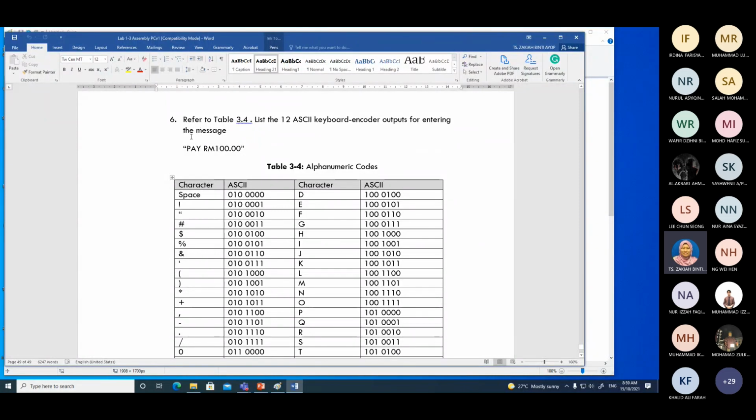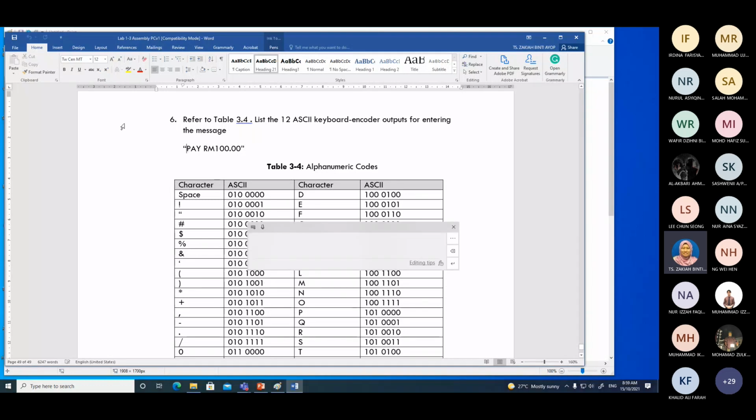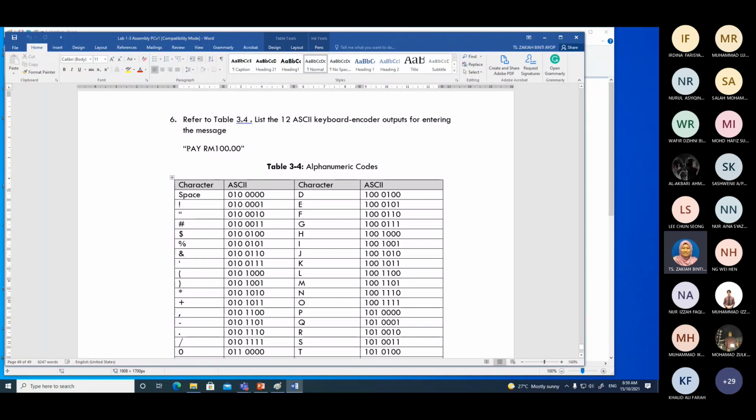When you type a word, for example, pay RM 100.00, excluding the quote, just concentrate on the words here: pay, RM 100 ringgit with a dot here. How does the computer understand it?